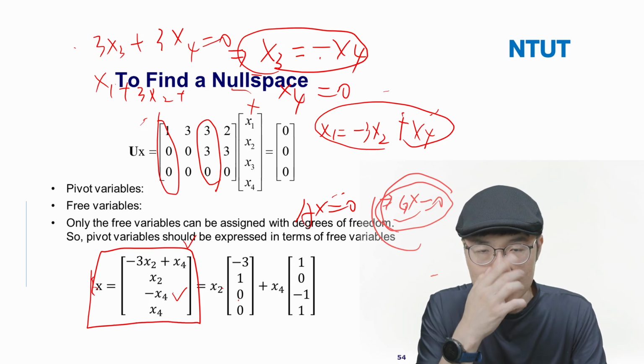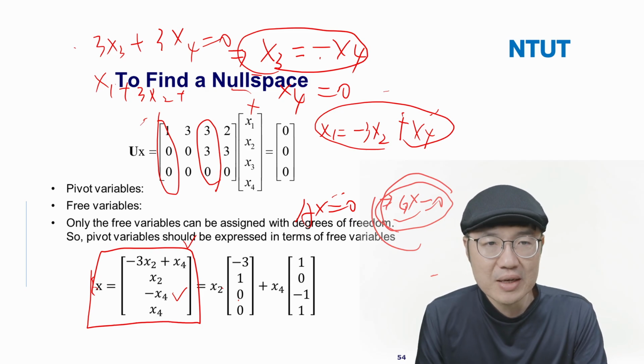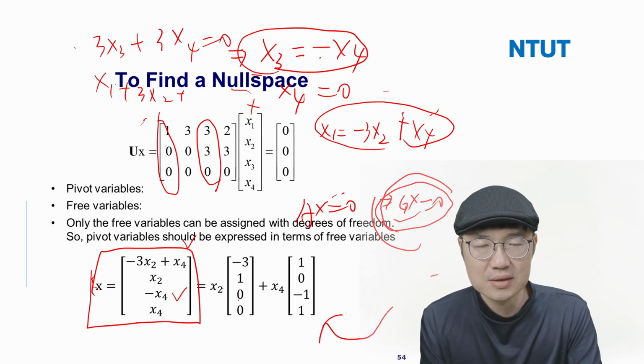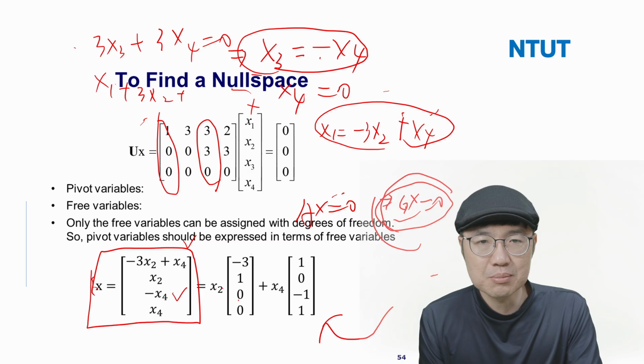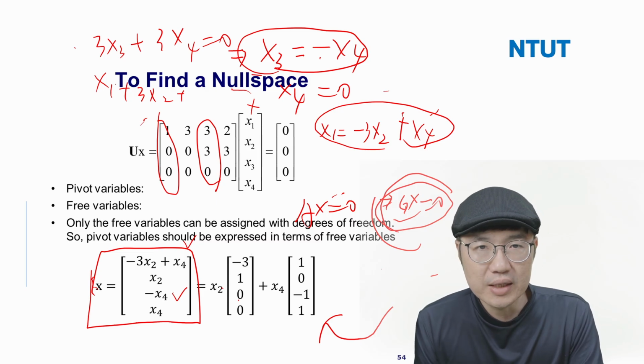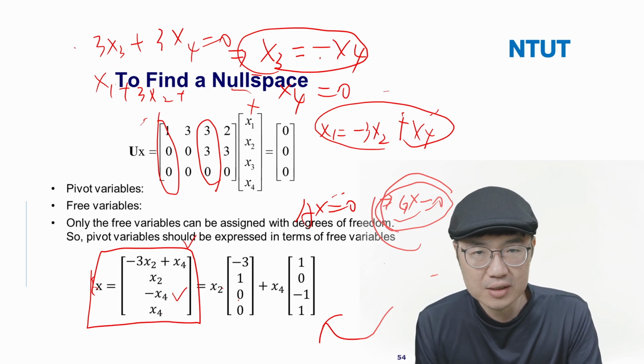And finally, the x that makes Ux equals 0 is these guys: x2 times minus 3, 1, 0, 0 plus x4 times 1, 0, minus 1, 0. So these are our null space vectors.